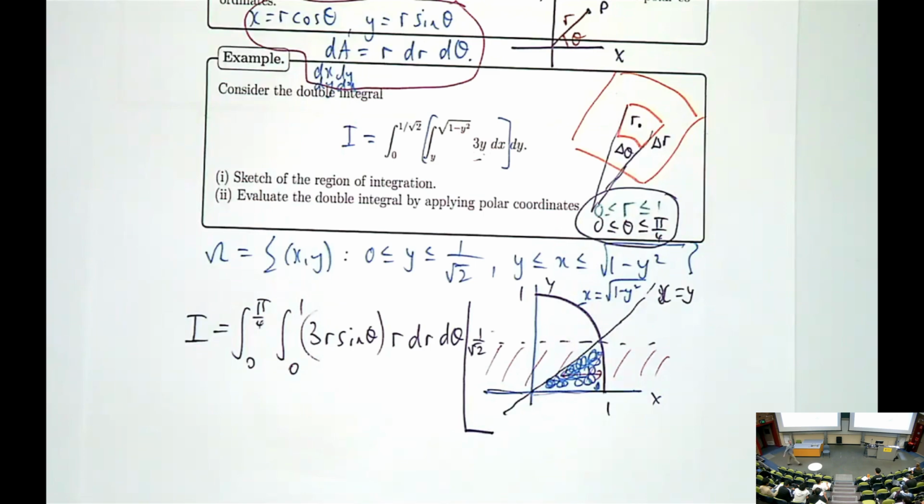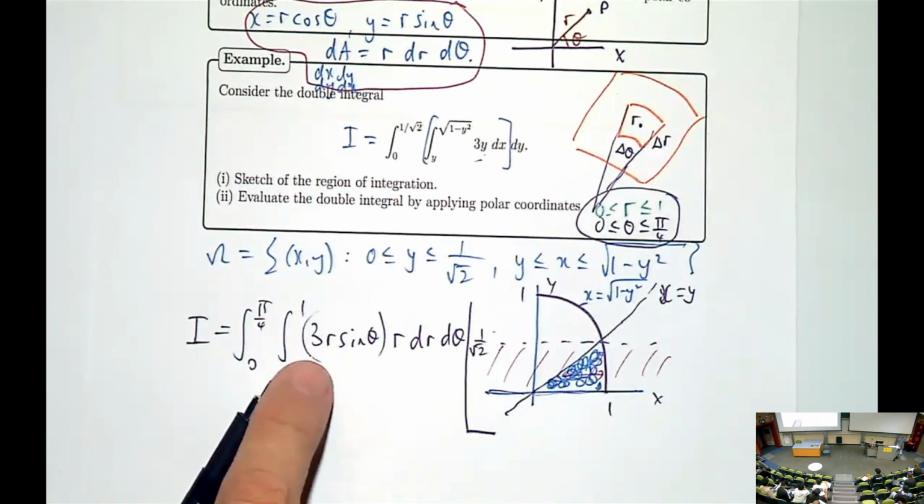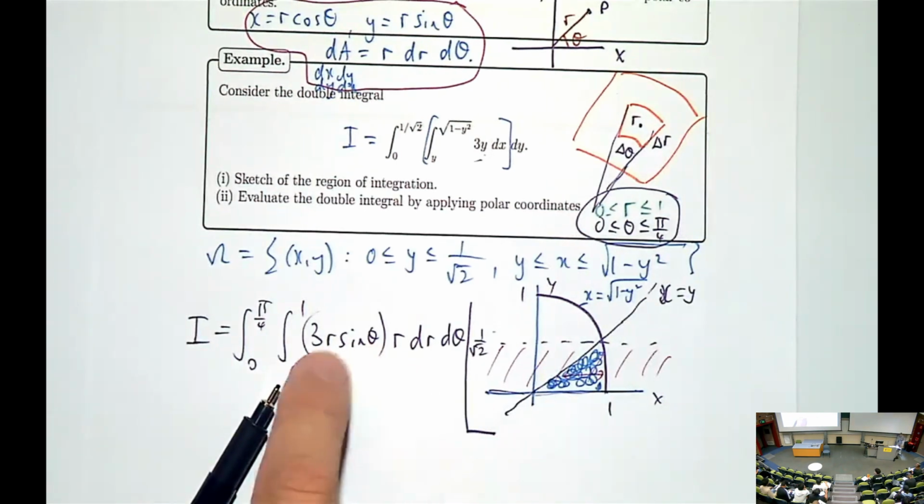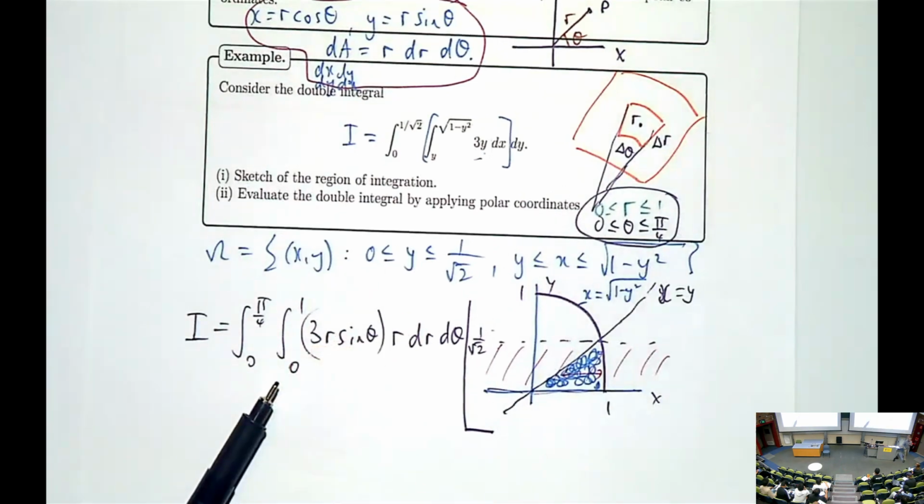Now, let me show you a secret shortcut that some people don't want you to know about. When you're integrating over a rectangle and you've got the product of functions, so in this case r's and thetas, they're just products. Can anyone think of a shortcut to do this problem?